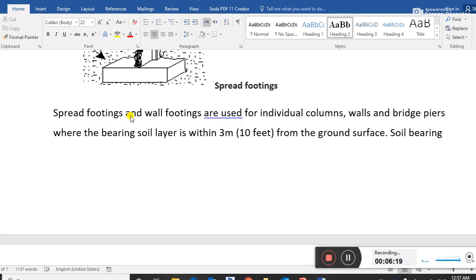A spread footing and wall footing are used for individual columns, walls and bridge piers where the load-bearing soil layer is within 3 meters (10 feet) of the ground surface.